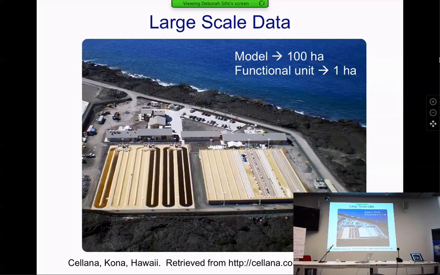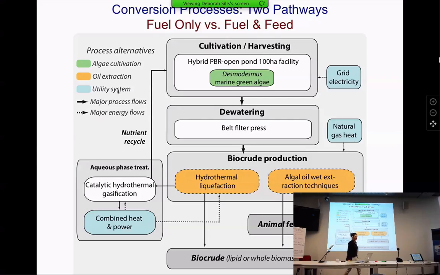Right, so the area of the cultivation. Yeah, so it's the amount of area that is receiving the sun. Well, we didn't have PV on site.